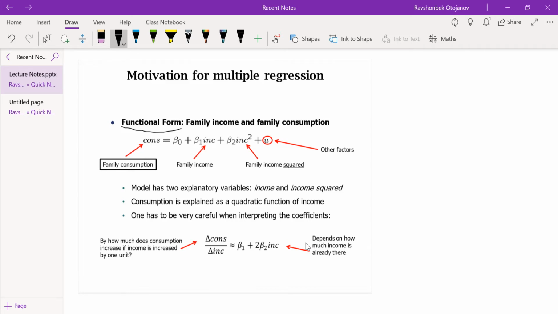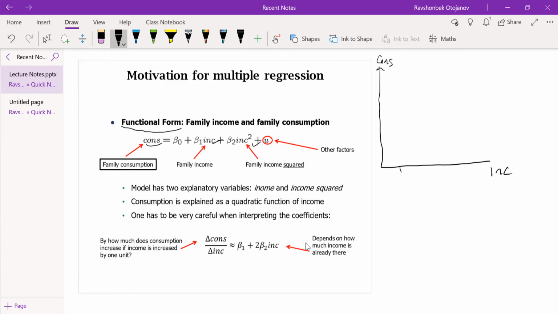For example, let's say this is family consumption as a function of income and income squared. The idea here is, if I draw this to give you a brief idea, this is consumption and this is income.